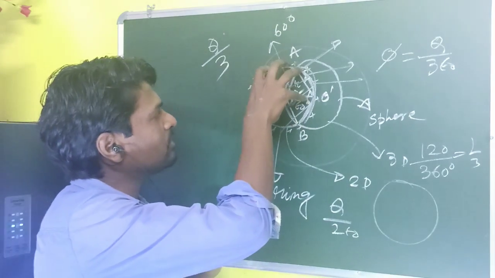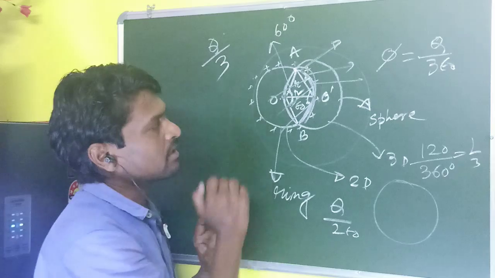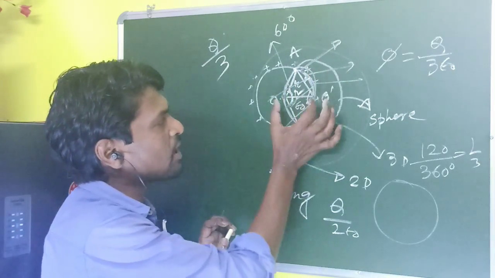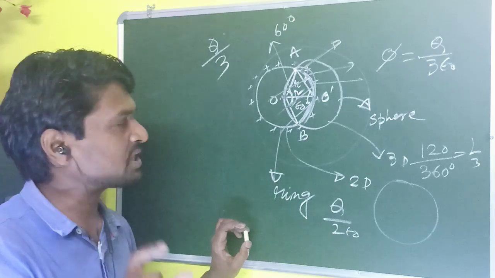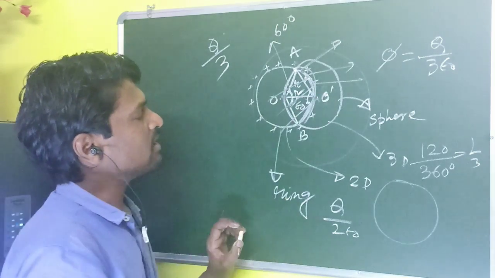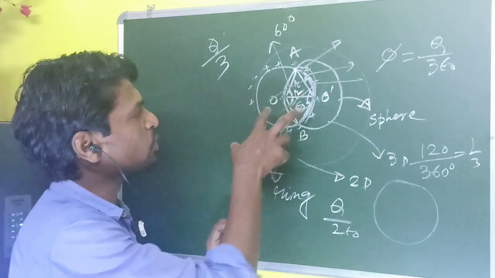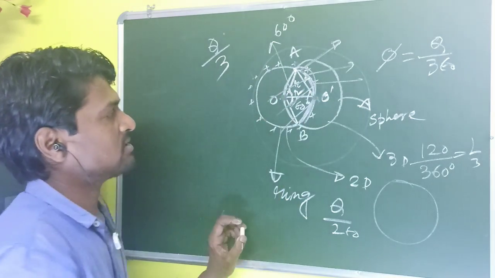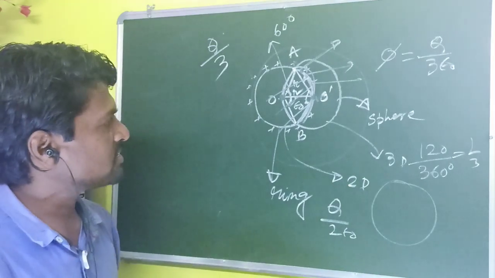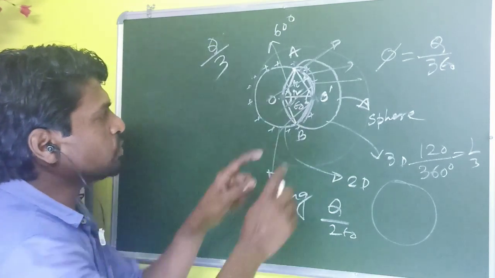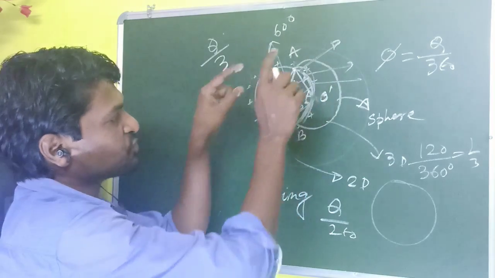A ring of radius small r is introduced within a sphere of radius r such that the centers are O and O dash, and the question is, what is the contribution of flux through this sphere?